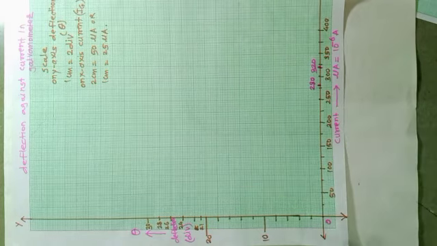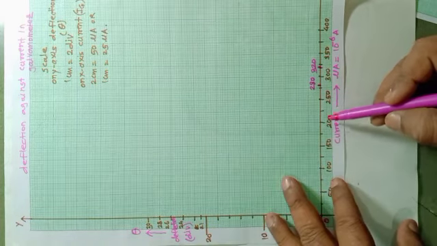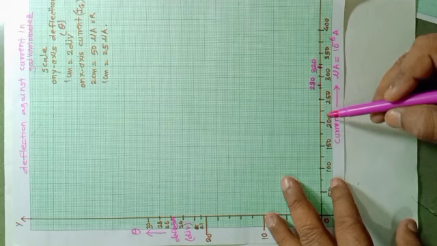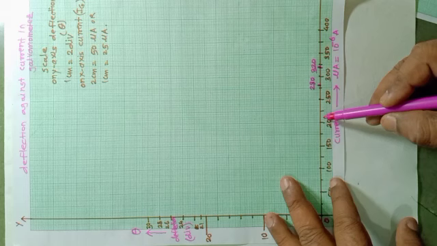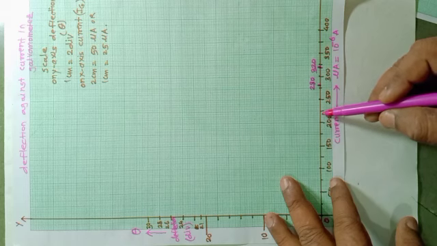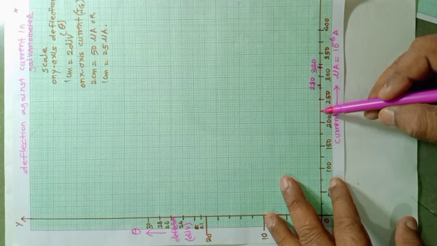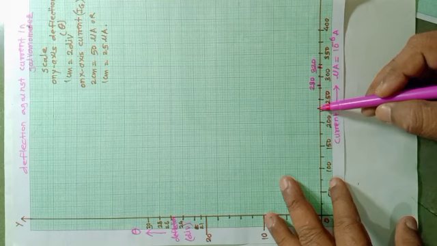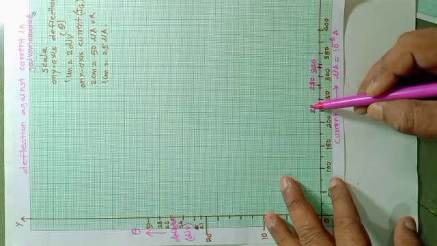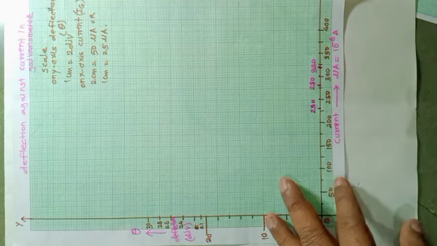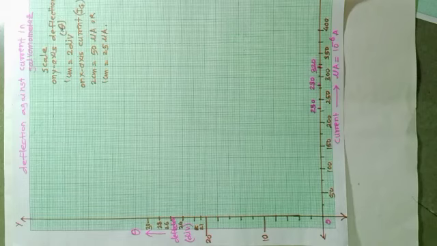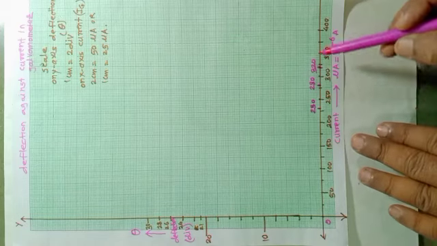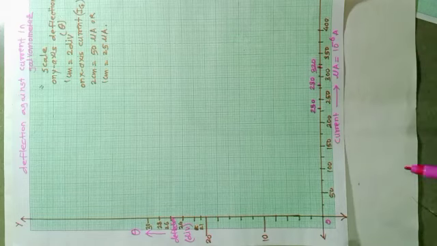Again before 250 and 200, so we can show 230. So first 4 lines represents 210, second 4 lines represents 220, 10 lines represents 225, again 2 lines represents 230. Here we represent 4 coordinates on x-axis.